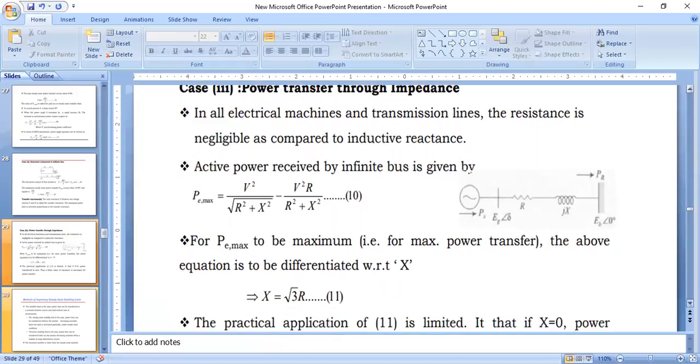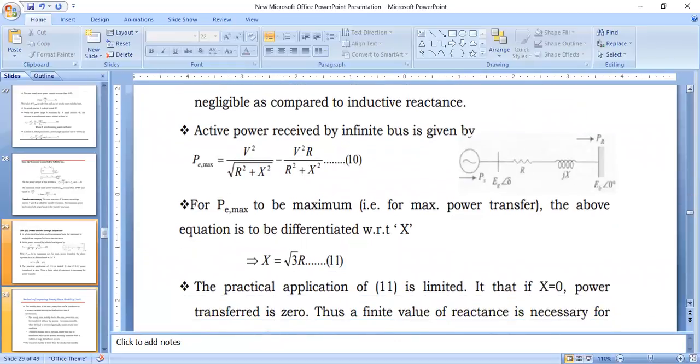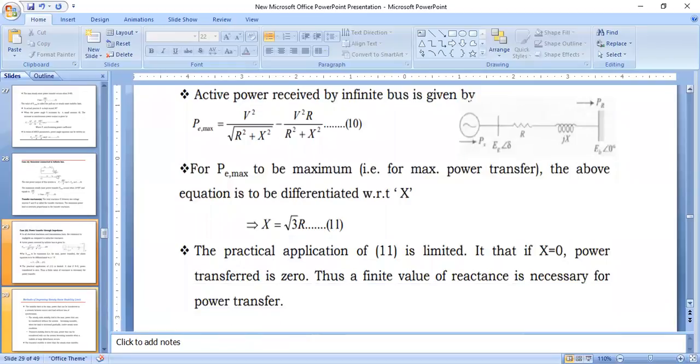For maximum power transfer, the above equation is to be differentiated with respect to X, giving X = √3 R. The practical application of equation 11, which represents PE maximum, is limited. If X equals 0, power transfer is 0. Thus, a finite value of reactance is necessary for power transfer.